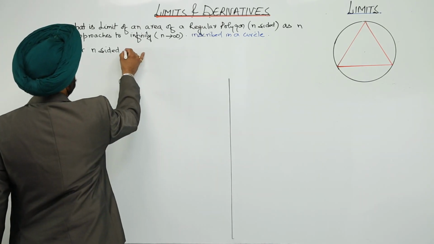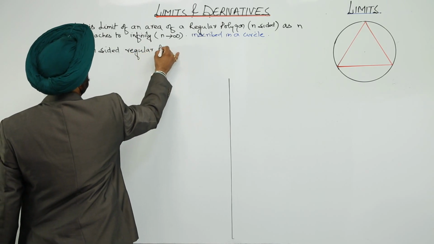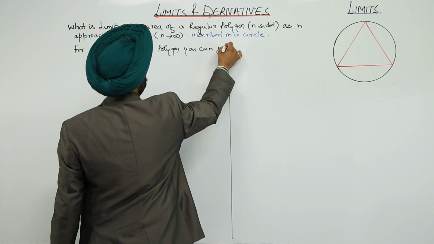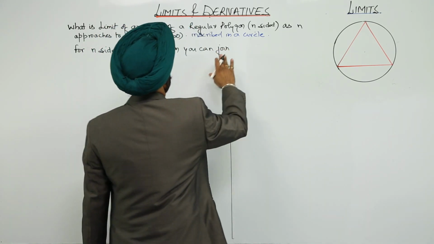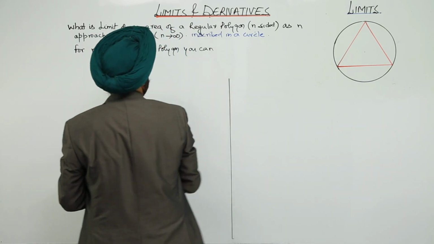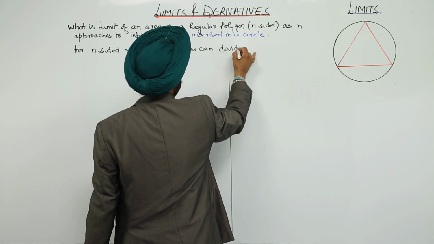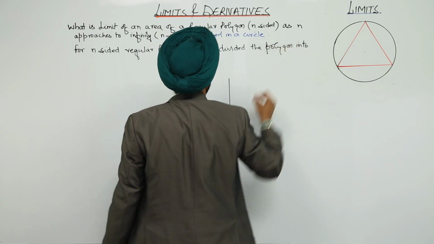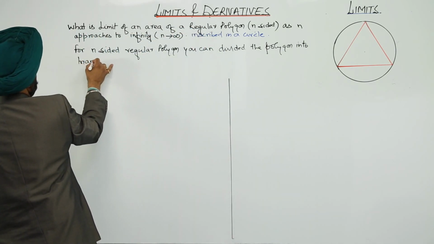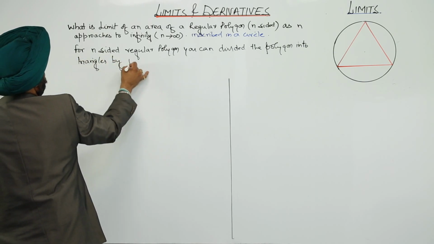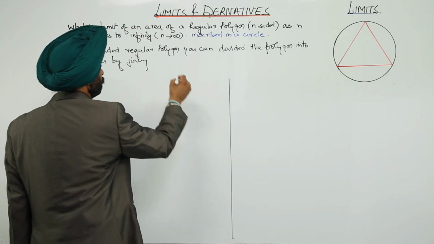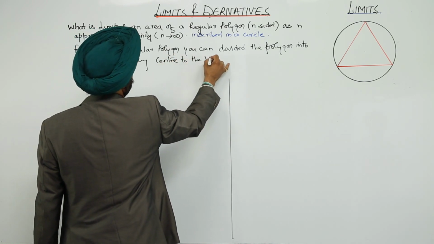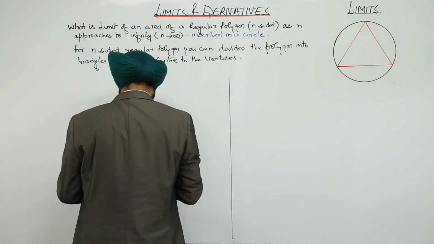Now for an n sided regular polygon, you can divide the polygon into triangles by joining the center to the vertices.